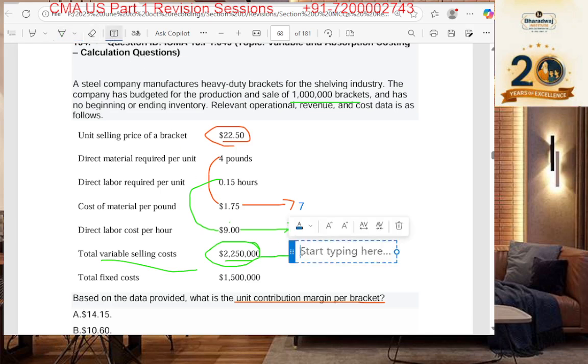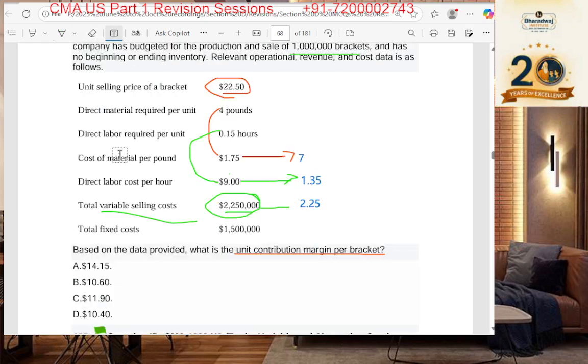That also we need to reduce. 14.15 minus 2.25. They ask you not for manufacturing contribution margin but unit contribution margin, so all the variable costs will be reduced. 22.5 minus all these things will give us how much? 11.9. 11.9 is the correct answer.